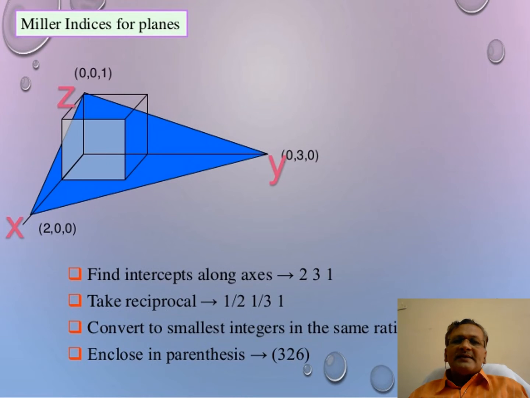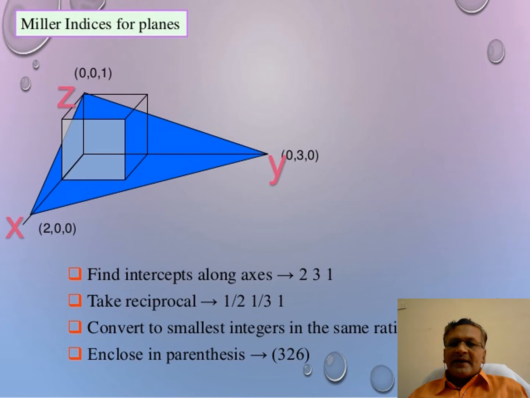See here one example. For the blue area, we have fixed the coordinates x, y, z. Along the x-axis, the blue area intercepts at 2, along y it meets at 3, along z it meets at 1.